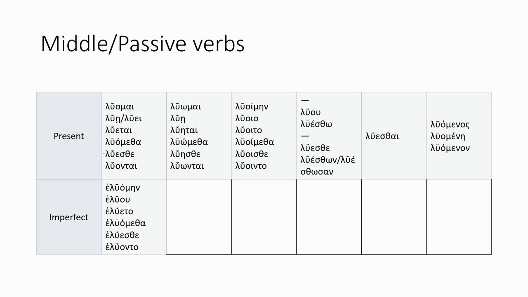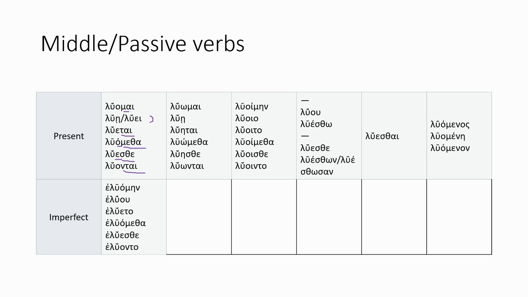Now we're going to talk about the middle passive. So these are very similar in some aspects. Now we've got these omicrons and epsilons a lot, connecting these endings beginning with consonants to the vowel. There's just a couple things I want to point out. The endings are mai, tai, metha, sthe, and ntai.